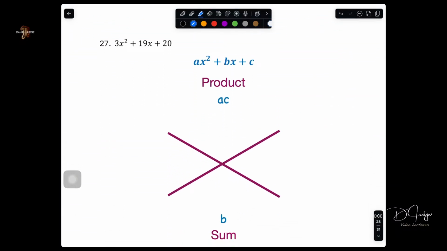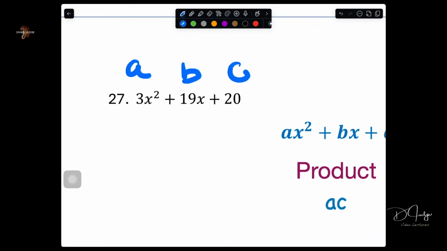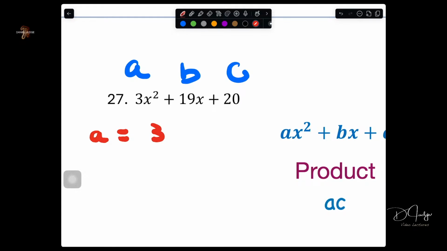Okay, number 27. A, B, and C. So A is 3 now. A is not the value 1.